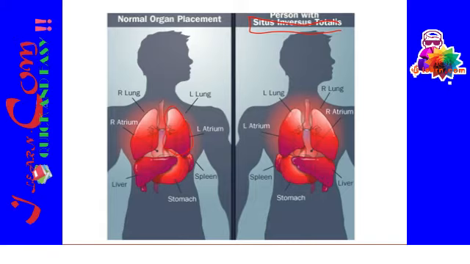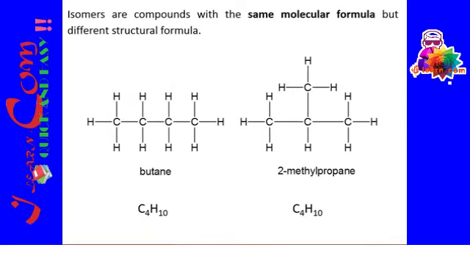But in a person with this medical condition, the organs are actually flipped around. It's a mirror image. Notice if I were to fold the picture along the center line, they would overlap exactly on each other. So for organic molecules, something similar can happen as well, and we call this isomerism.